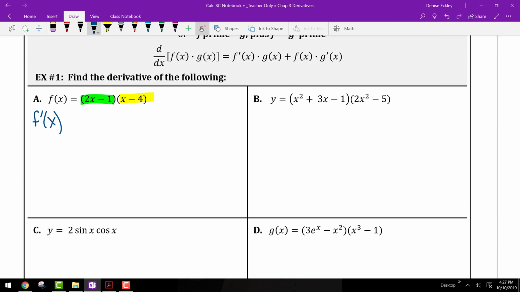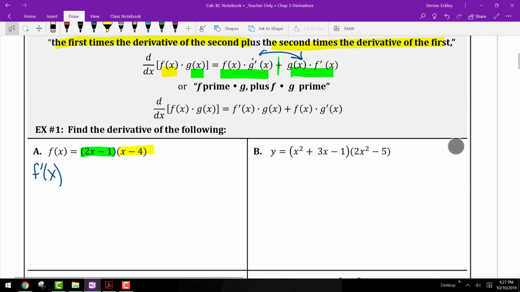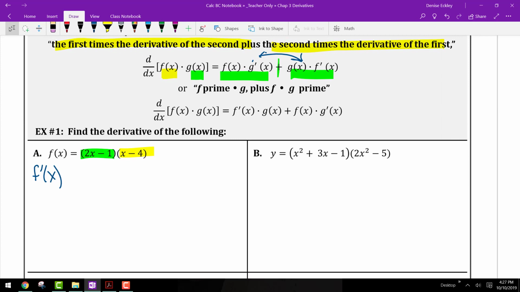It's f prime g plus f g prime. See if you notice that in both of these ways here they have it backwards from the actual definition. Honestly, I just remember it the other way because of the quotient rule, and I'll get to that in a minute.